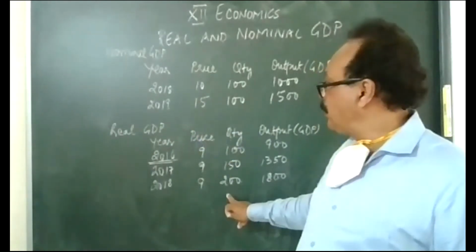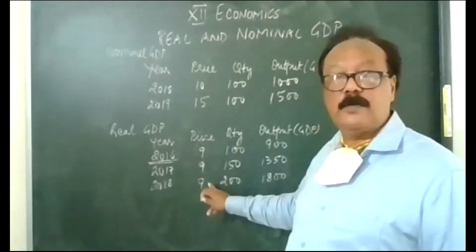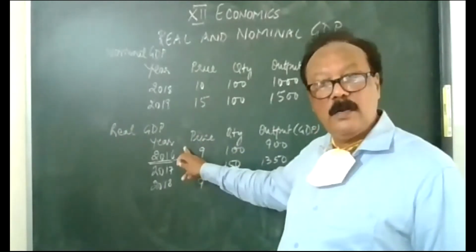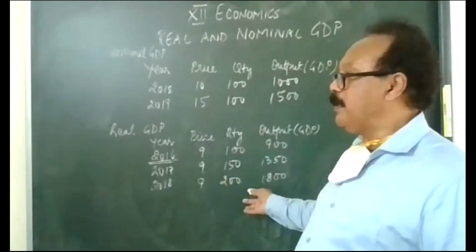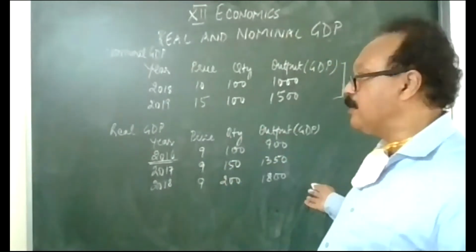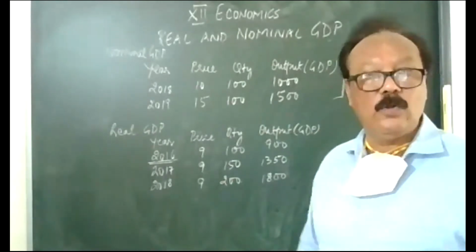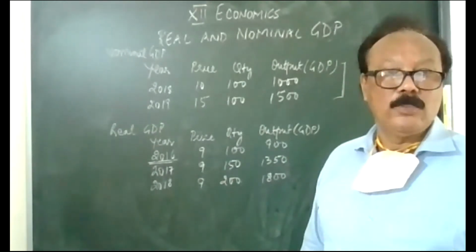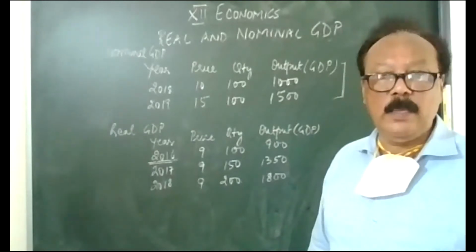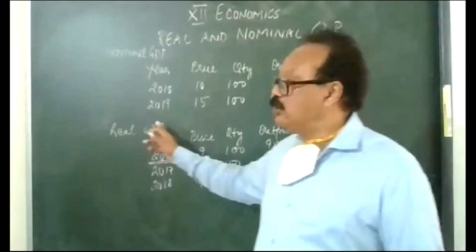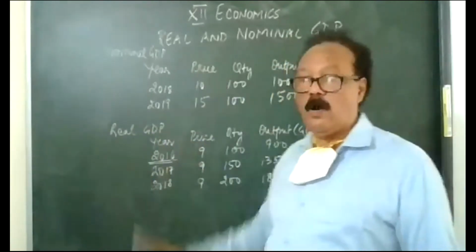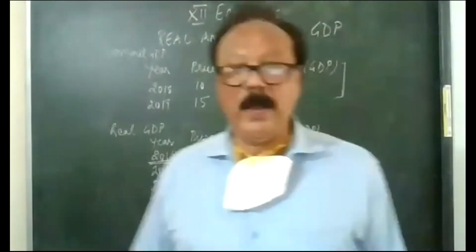But in this case, you see price is constant on a base year, but the quantity has been increasing, and because the quantity is increasing, our GDP is increasing. Here we can say yes, there is a growth in the economy. So the real growth in the economy is measured only in the real GDP, not the nominal GDP. I hope I am clear.